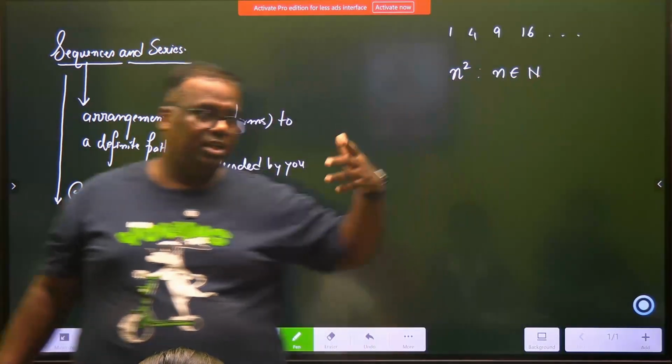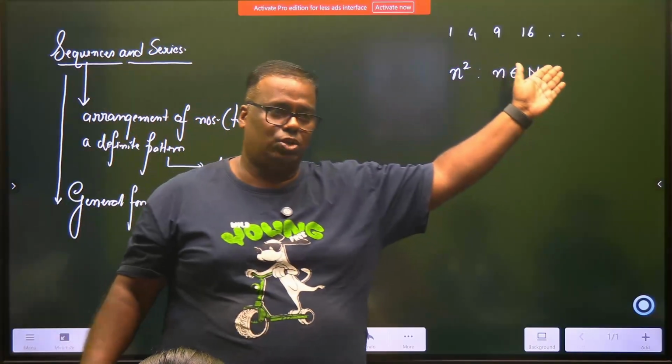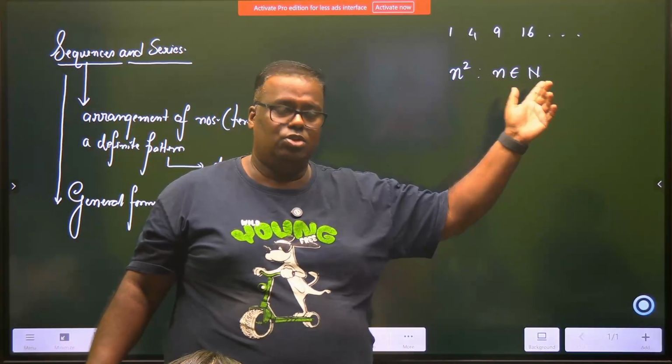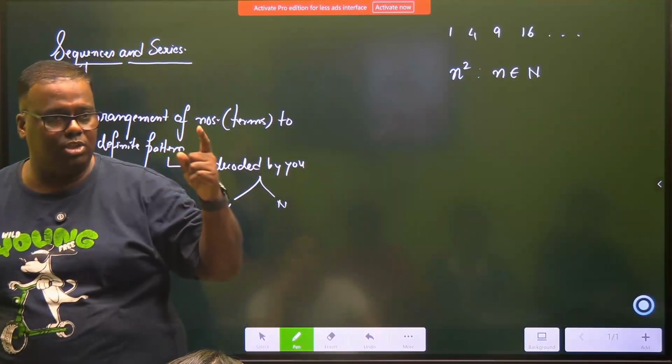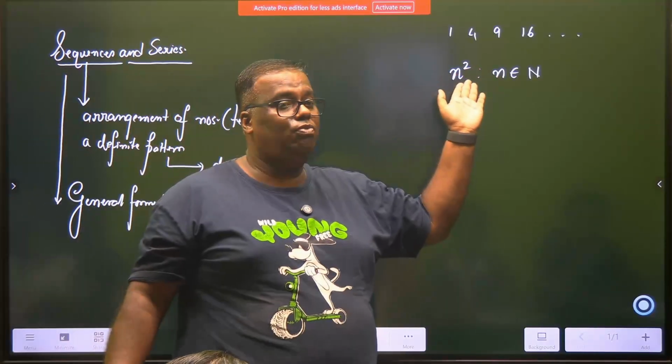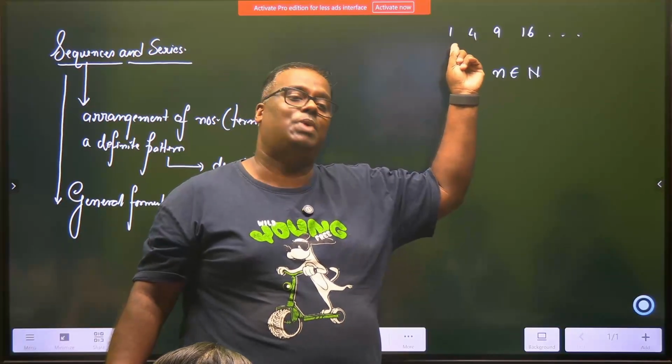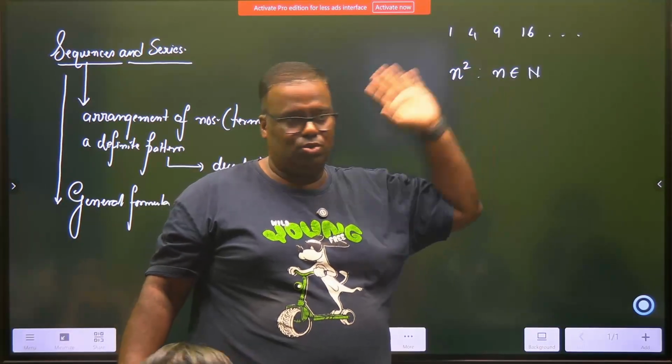So how to read it? Every number is n square where n belongs to N. So what are natural numbers? 1, 2, 3, 4. So my general formula is n square. So if n is 1, 1 square is 1. When n is 2, 2 square.